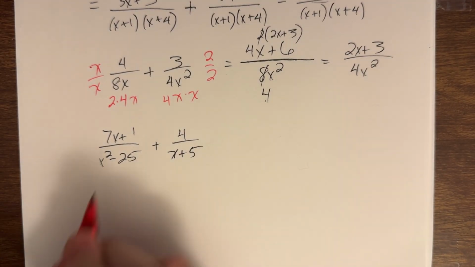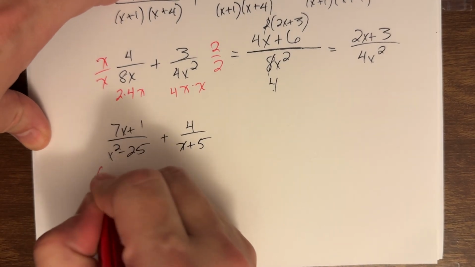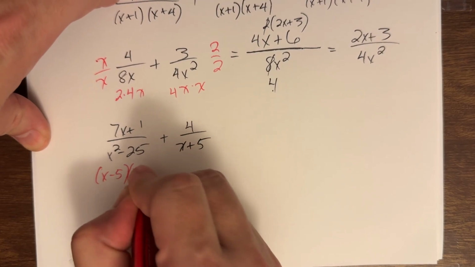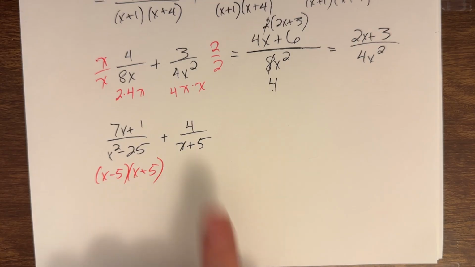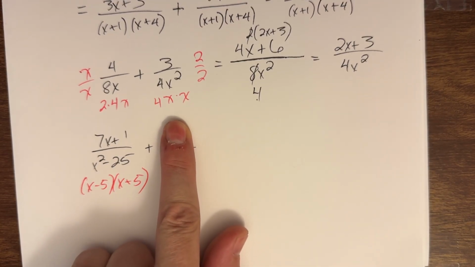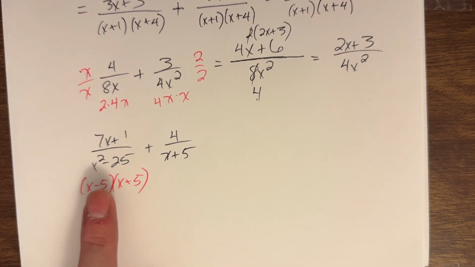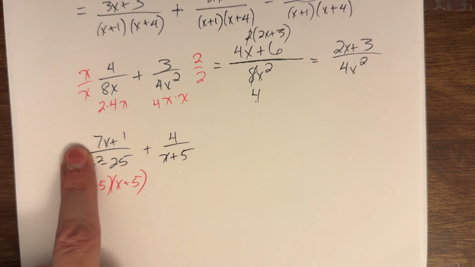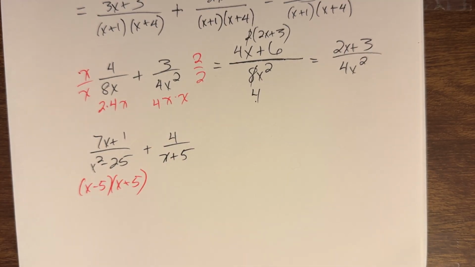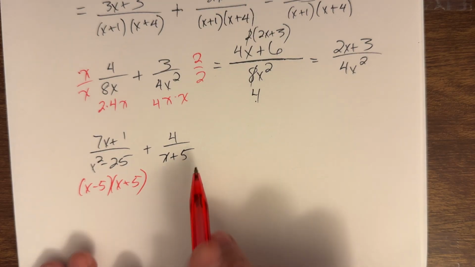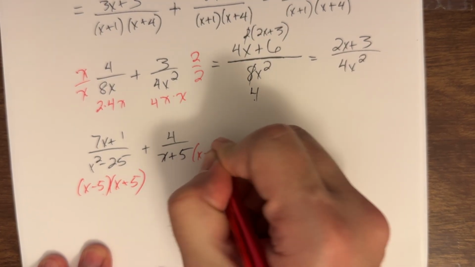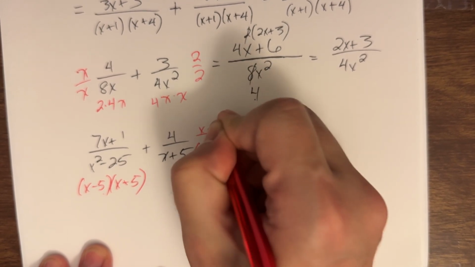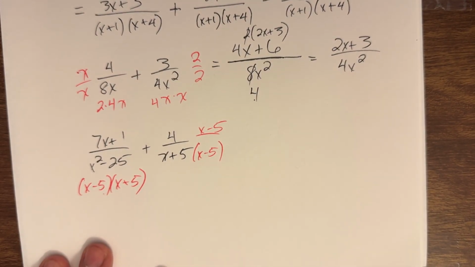And if I factor it, another difference of squares, I'll see an x minus 5, x plus 5. And now similar to what we were seeing here, instead of just blindly multiplying all this here and this over here and making a really big mess this time, we just realize what's missing. This is missing the x minus 5. And that's it. So I'll multiply top and bottom by x minus 5.